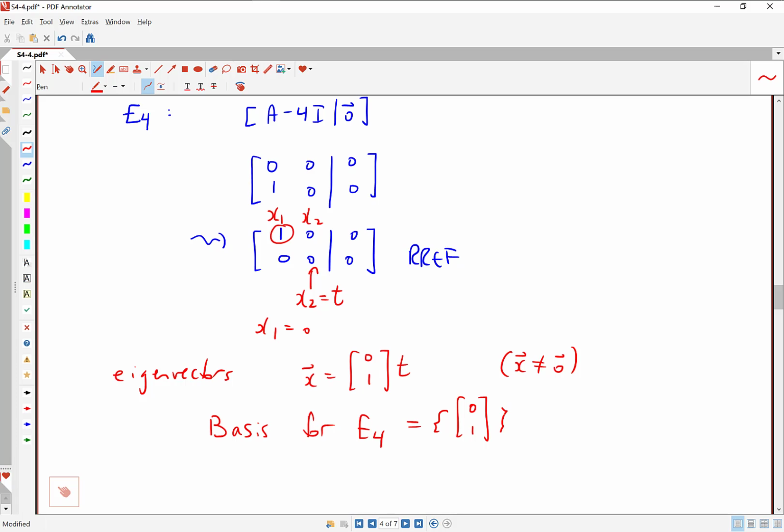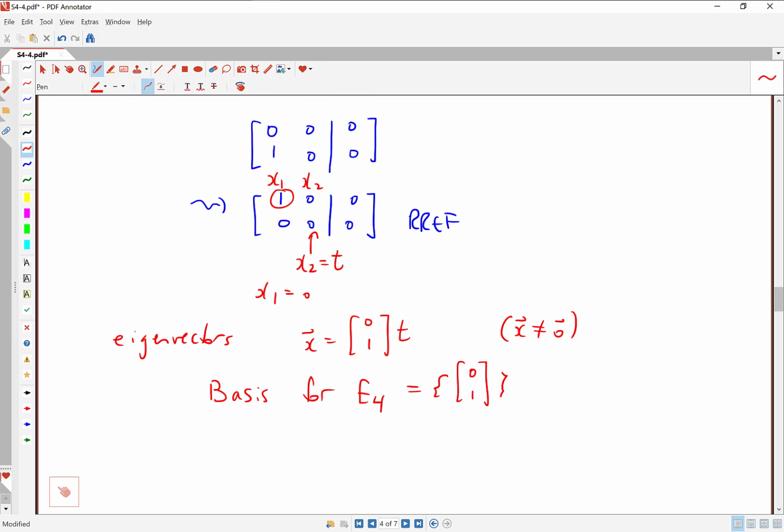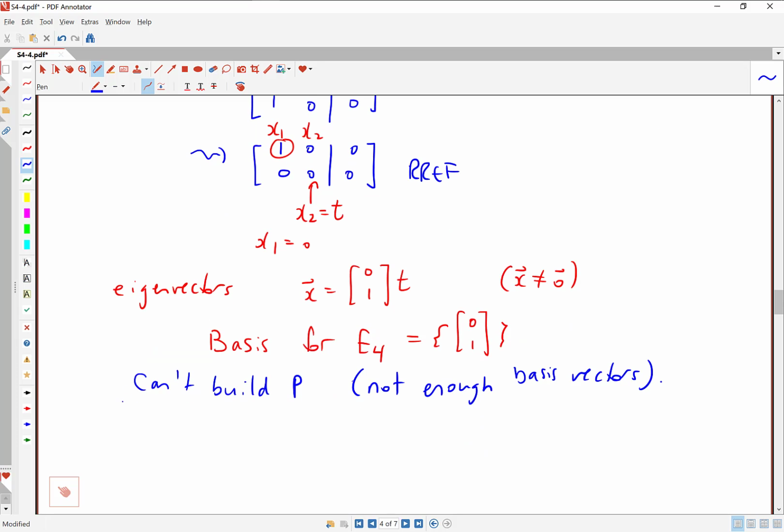So we just had one eigenvalue. When we looked into that eigenspace, we just found one basis vector. And so we can conclude that we can't build P. There are not enough basis vectors. So whenever this happens, this implies that you can't diagonalize your matrix A.